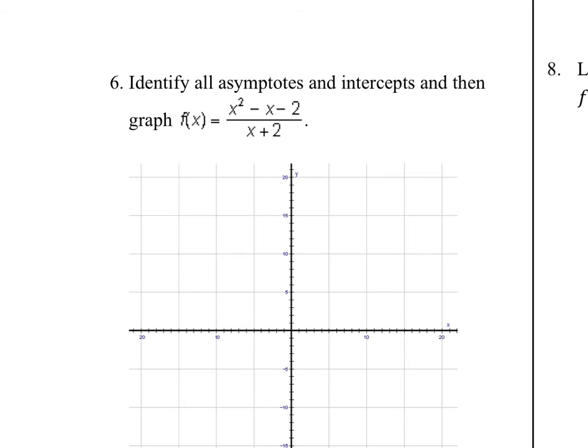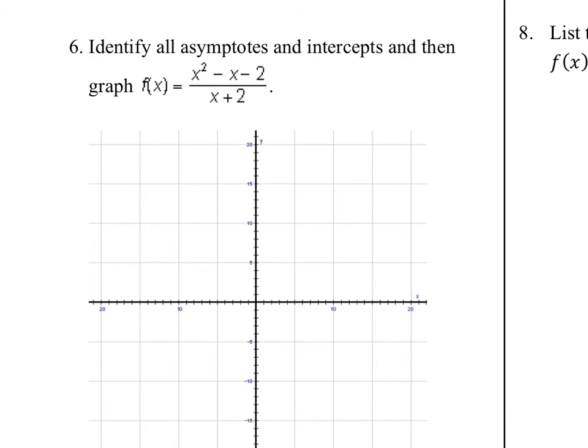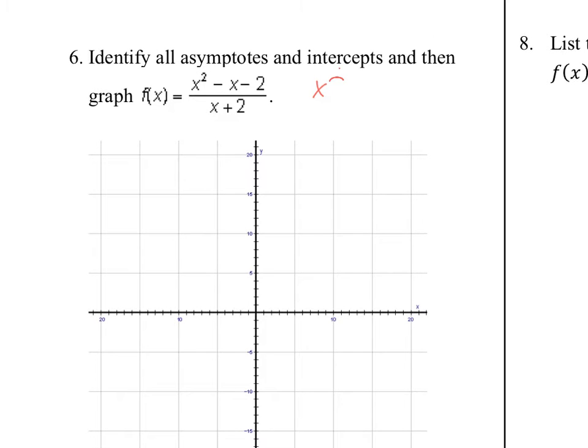All right. Identify all asymptotes and intercepts, then graph. Okay, so what do I know about intercepts on this function? Well, first off, I know that x plus 2 equals 0 means that x equals negative 2 is an intercept. So, not an intercept, an asymptote.